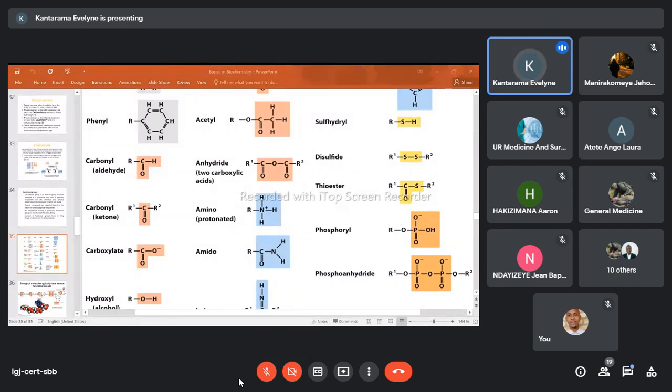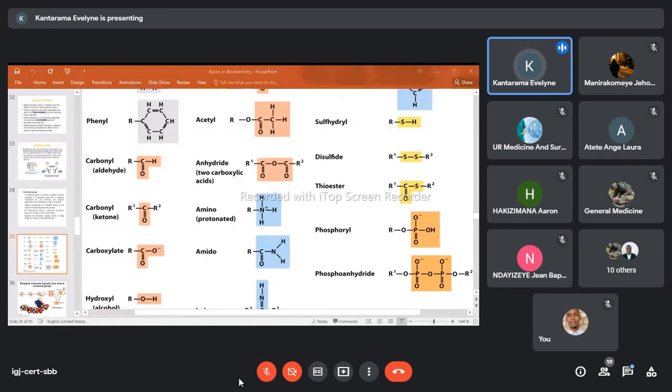We have methyl group, ethyl, ester, sulfide, thioester, and so on. This you can read on your own, just to know when we say functional group, what do we mean? These are functional groups. When we say behavior of carboxylic acid, when we say physical properties or chemical properties of alcohols, what do we mean?